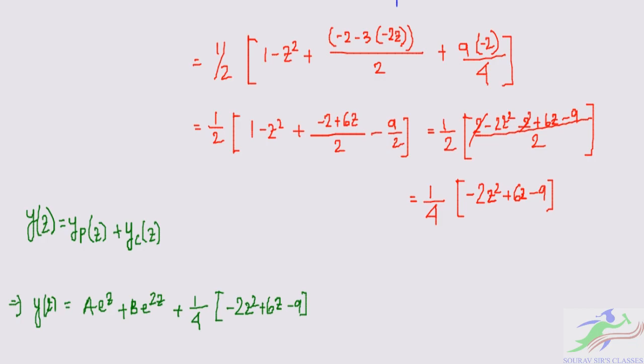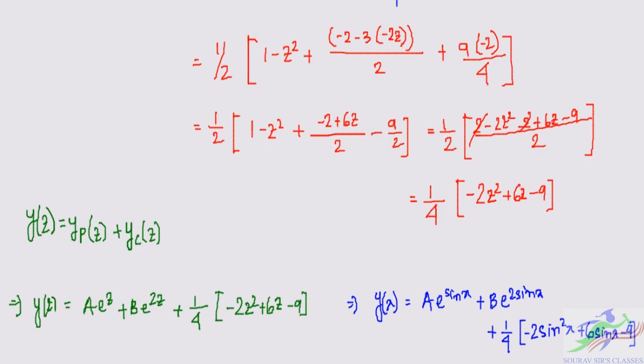In terms of x, y of x is equal to A e to the power sin x plus B e to the power 2 sin x plus 1 by 4 of minus 2 sin square x plus 6 sin x minus 9.